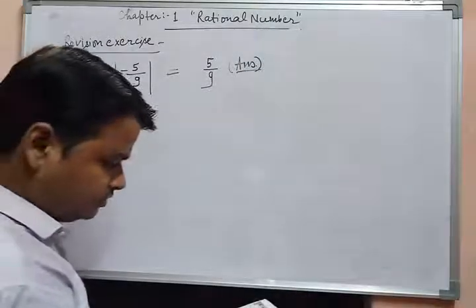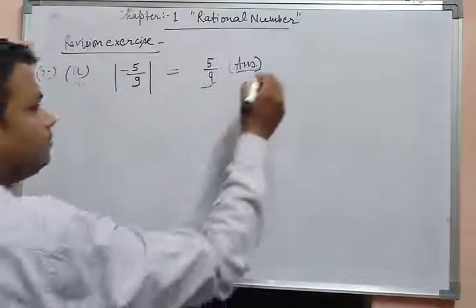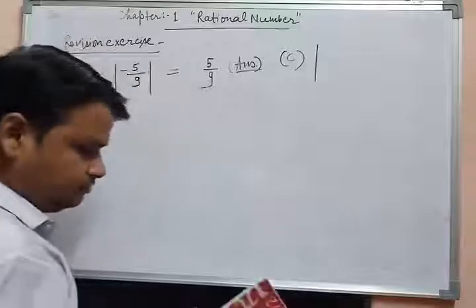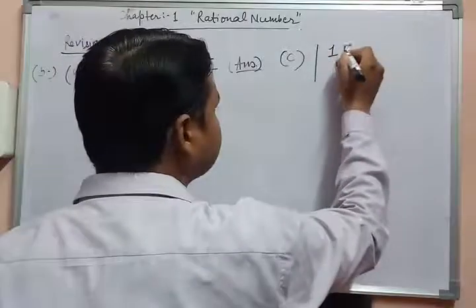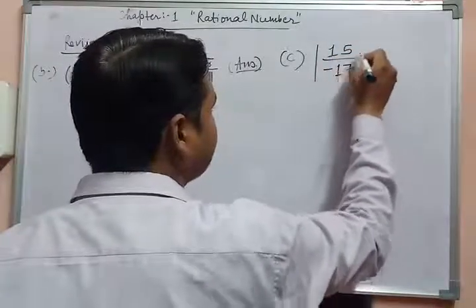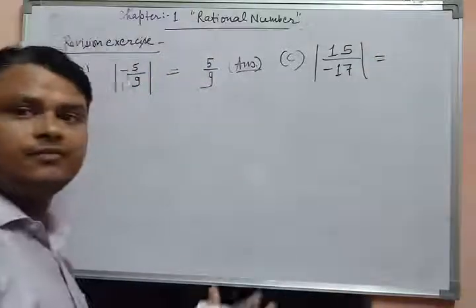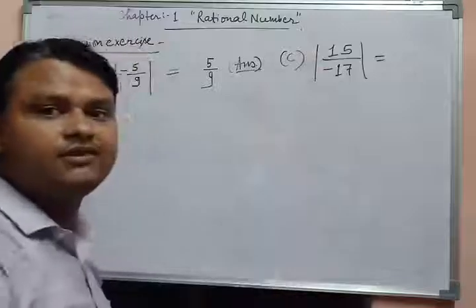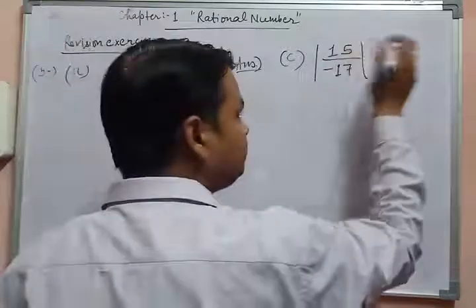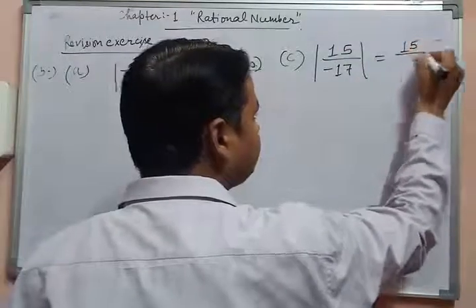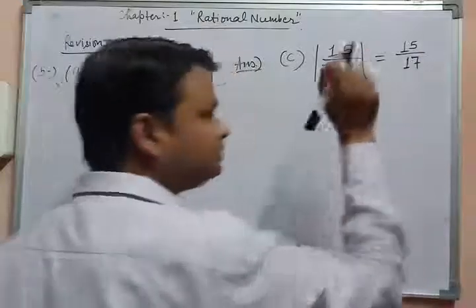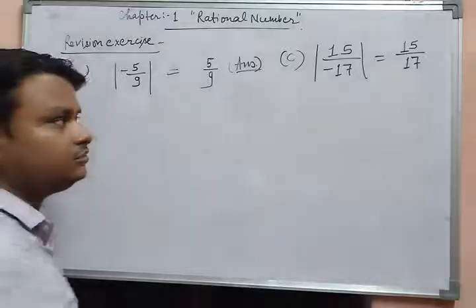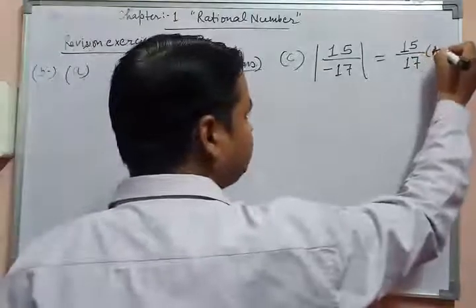All the questions you have to solve by this method. Question number C is 15/-17. Its numeral value is 15/17, without any sign. So this is the answer.